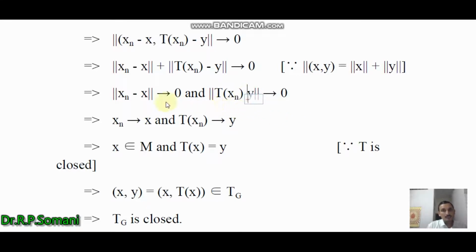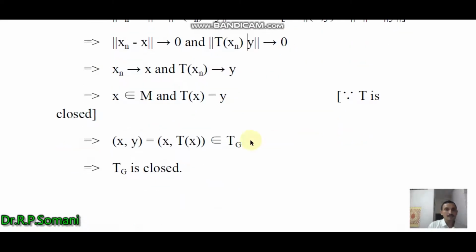Then by the property of the norm, we have that xn tends to x and Txn tends to y, and as xn belongs to M, this tells us that x belongs to M and Tx equals y, because T is a closed mapping.